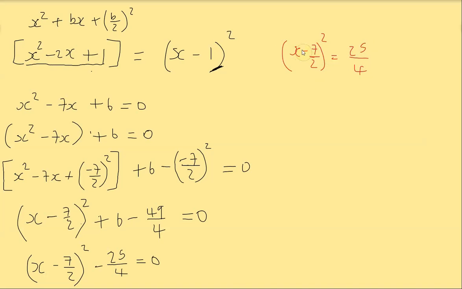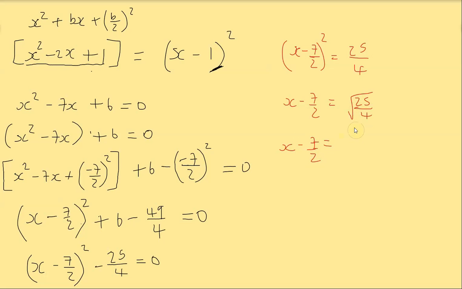Now remember, this bracket is being squared, so in order to get rid of the square, we're going to square root both sides. So that's x minus 7 over 2 is equal to the square root of 25 over 4.